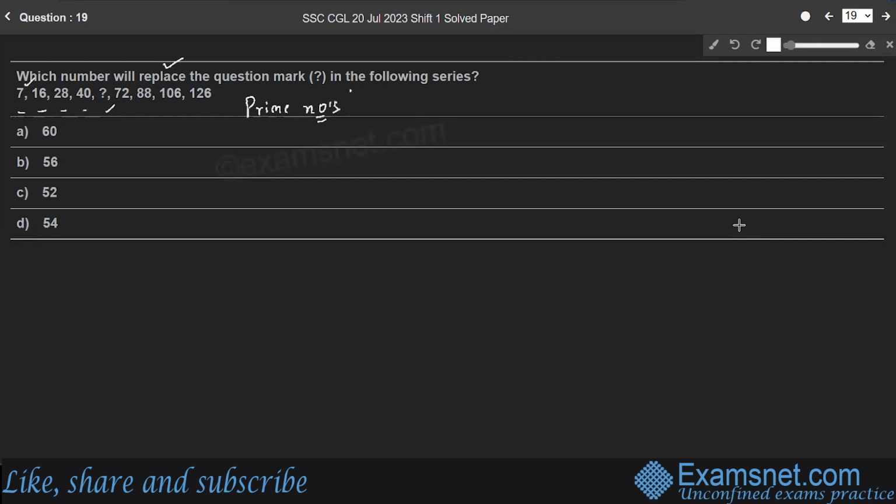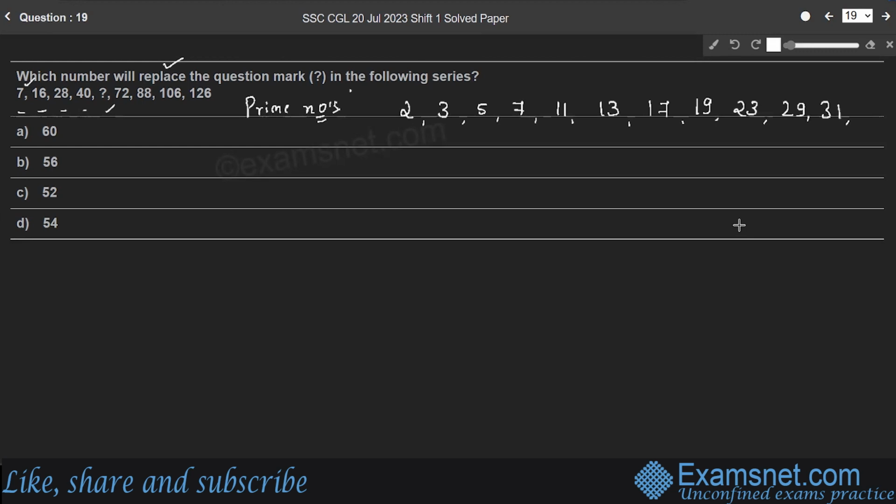Prime numbers start with 2. The next prime numbers are 3, 5, 7, 11, 13. It continues. You can take further: 17, 19, 23, 29. Next is 31.